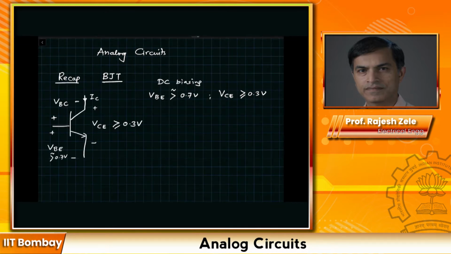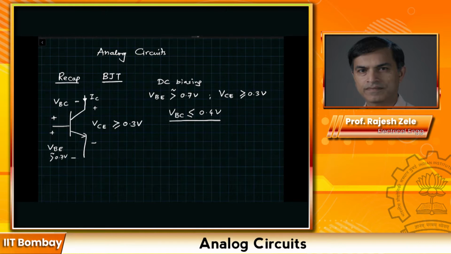So the collector current is flowing in this fashion, and we can also say that VBC is less than or equal to 0.4 volts. The key point is that the base to emitter junction is forward biased, carrying current. However, the base to collector junction is not completely forward biased.